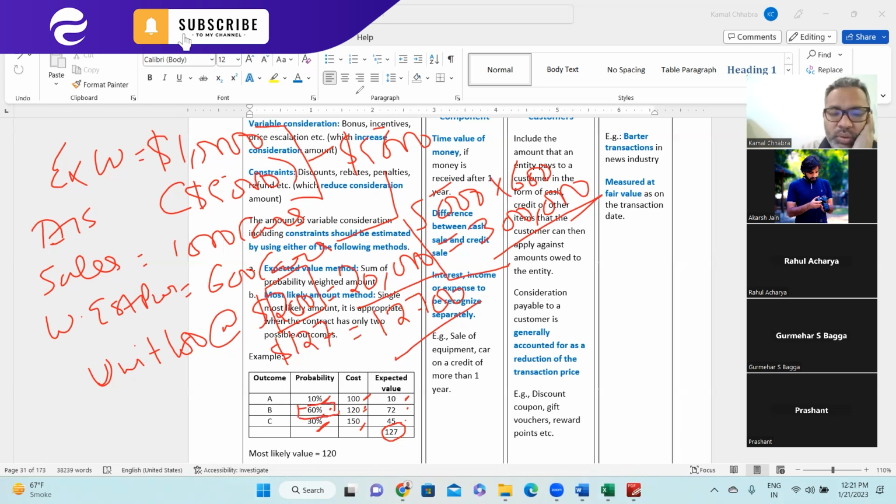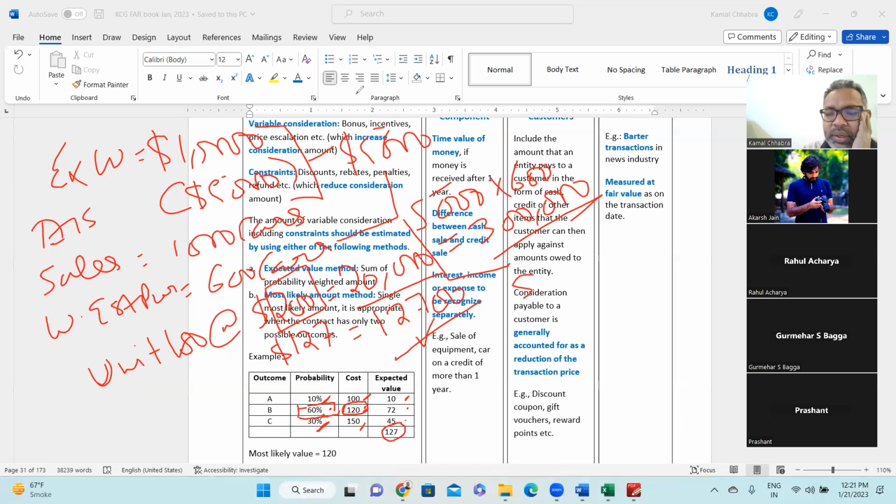That amount of $120 is the estimate. If you use the expected value method, your revenue will be 12,700. If you use the most likely method, your revenue will be $120 multiplied by 100 units, which is $12,000.